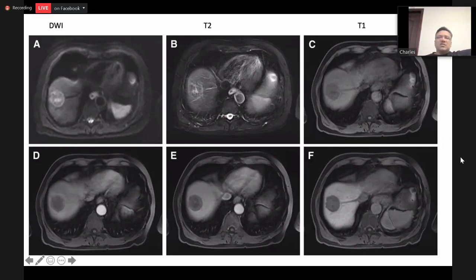So these lesions are likely to be metastasis. And the question arises, which was asked previously, about differentiating between a hemangioma and a metastasis or a cholangiocarcinoma.